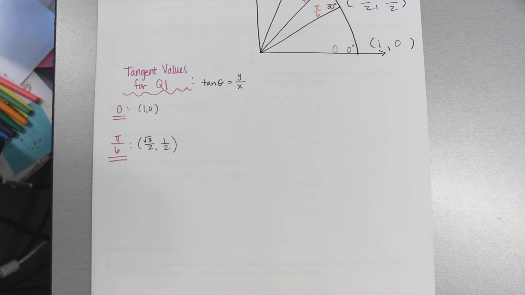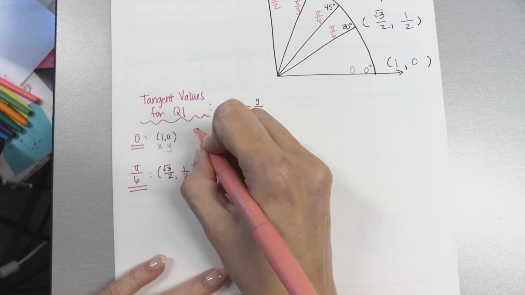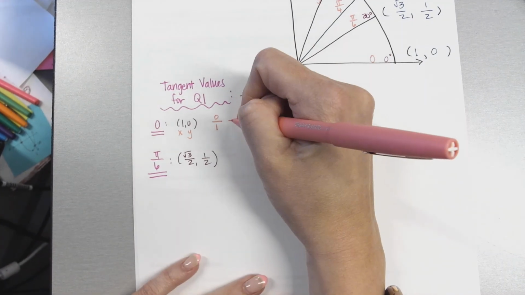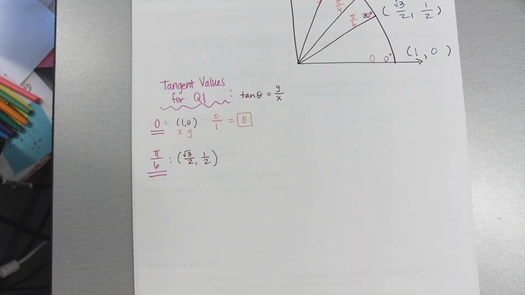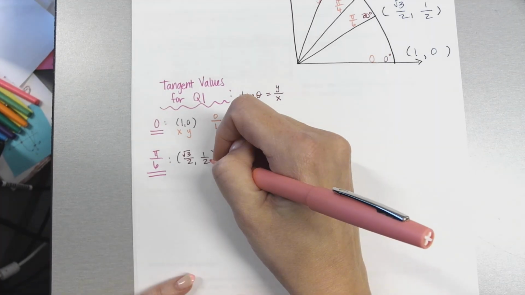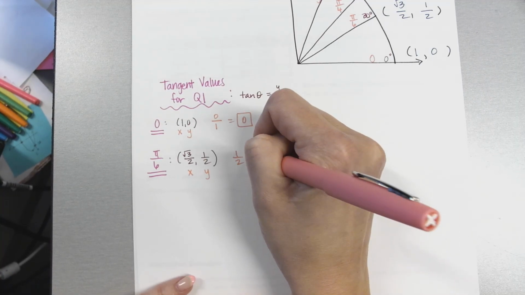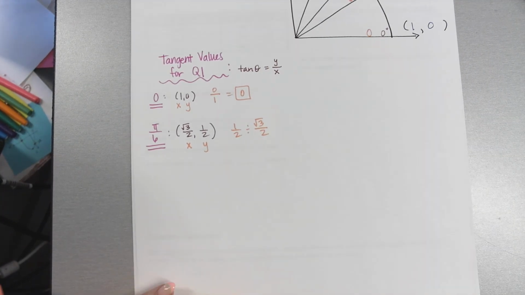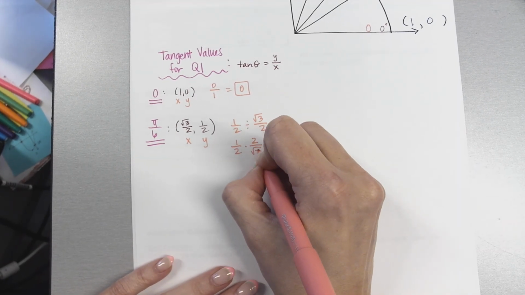Okay, so as we are setting that up, we are thinking to ourselves, what is 0 divided by 1? If 0 is in the numerator, it is going to be 0. Okay, and then here, this is x, this is y, so 1/2 divided by root 3 over 2 is going to give us keep, change, flip.